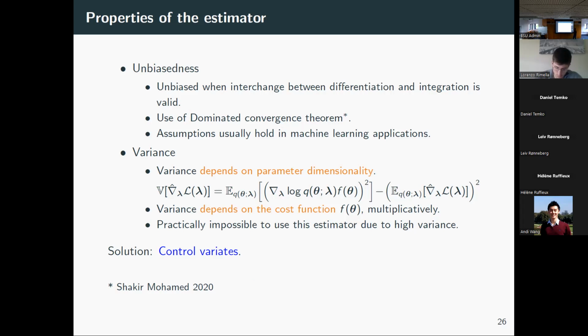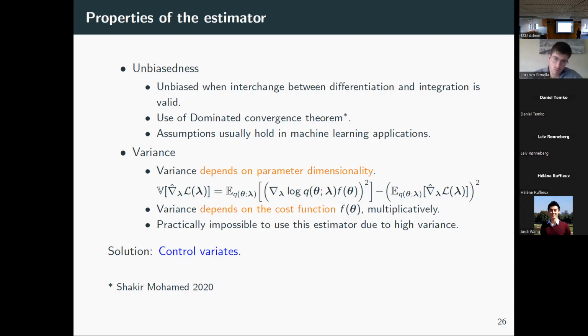If you go back to that reverse mode automatic differentiation thing, you're taking the derivative of the score function. If this is influenced by variation in your function, that will again come and haunt your variance estimate. Practically, it's basically impossible to use this score function estimator. And the whole research on the score function estimator is about how you control the variance.